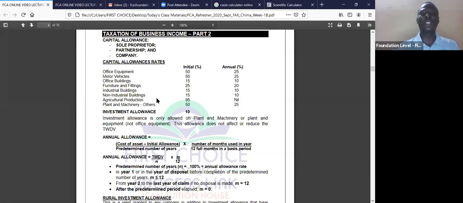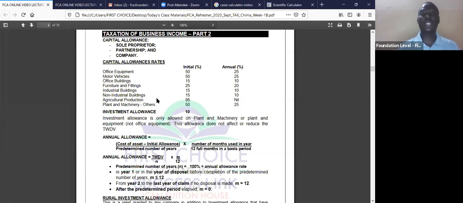So simply means that for you to know the number of years, you simply say 100 divided by annual allowance rate. That will give you the number of years. Now, for the first year, let's say you started using it in September. So September, October, November, December, 4 months. You are going to prorate annual allowance for 4 months instead of the whole year.